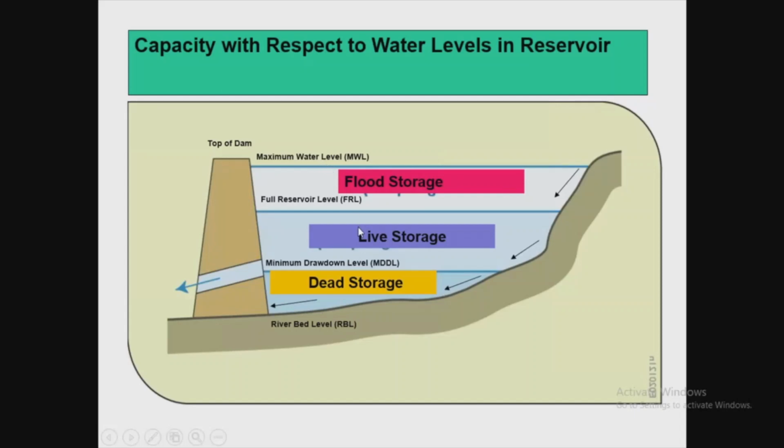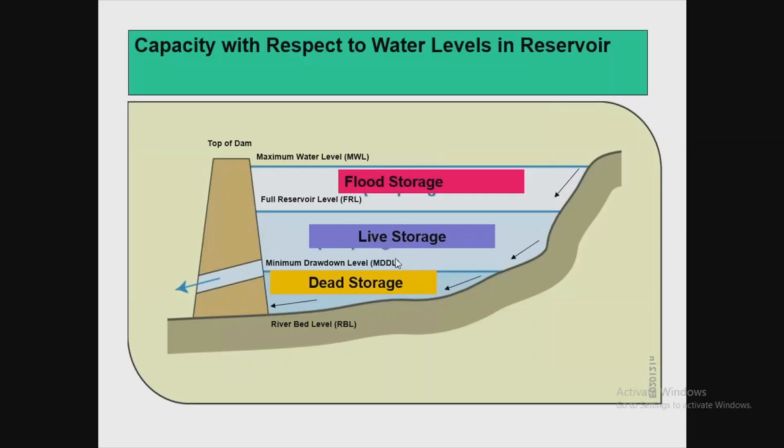Now, why are these levels kept, or why are these storages kept? Actually, whenever river water flows, it flows with some sediment, with some debris, with some material which encroaches the capacity of the reservoir. That material is normally deposited in the riverbed.